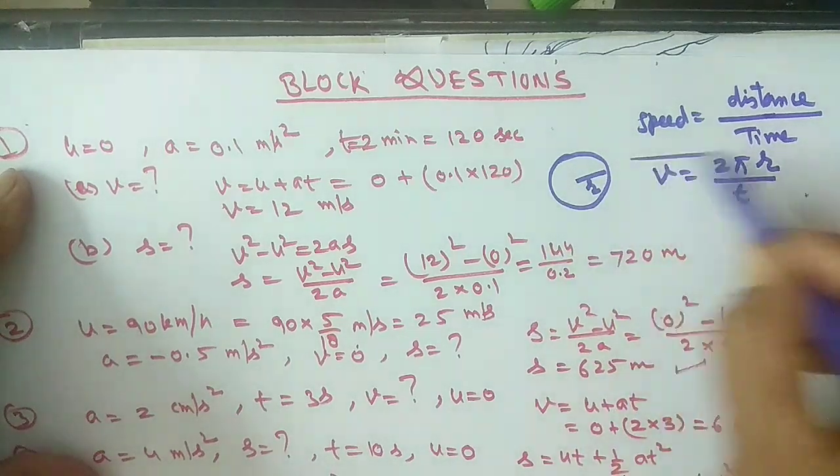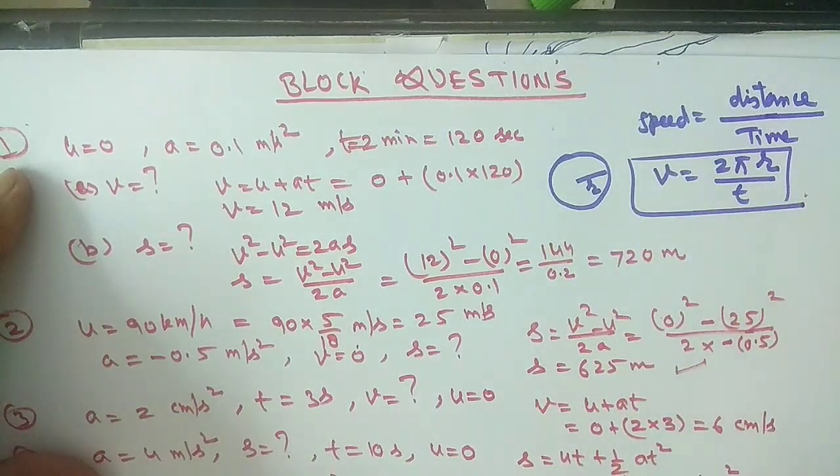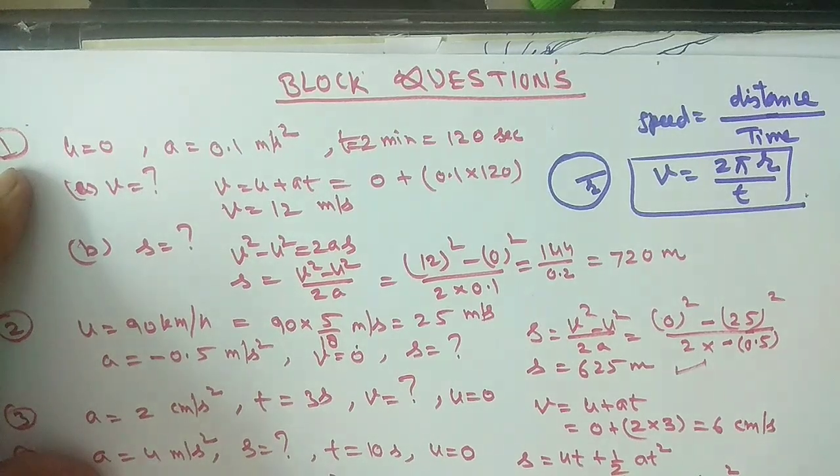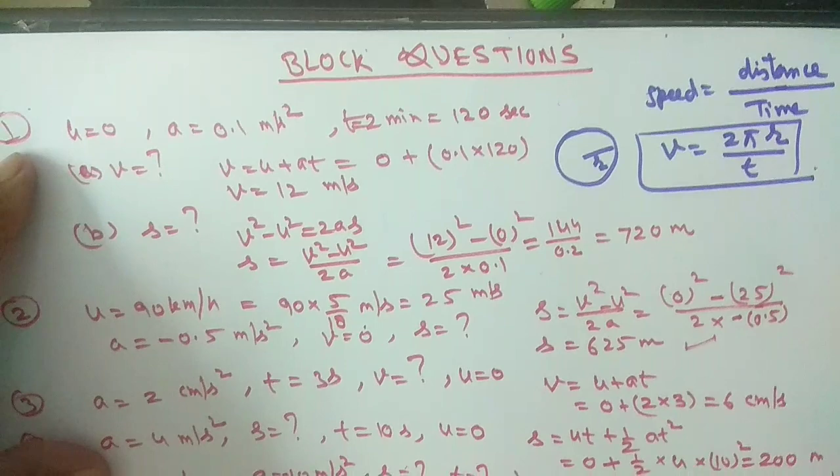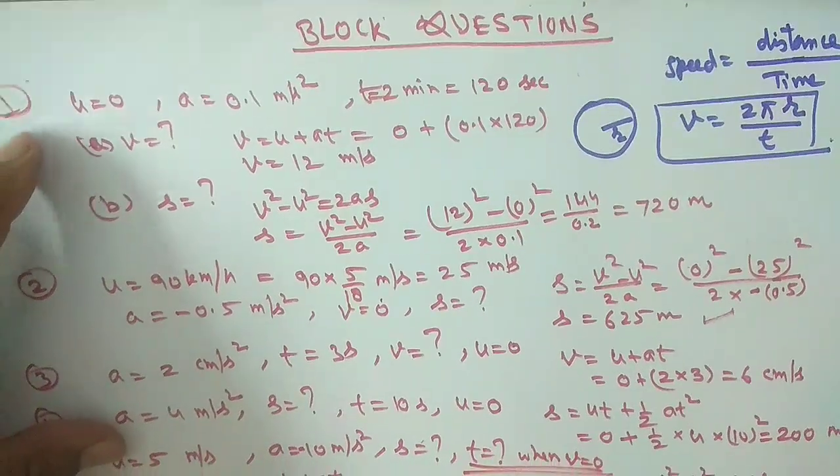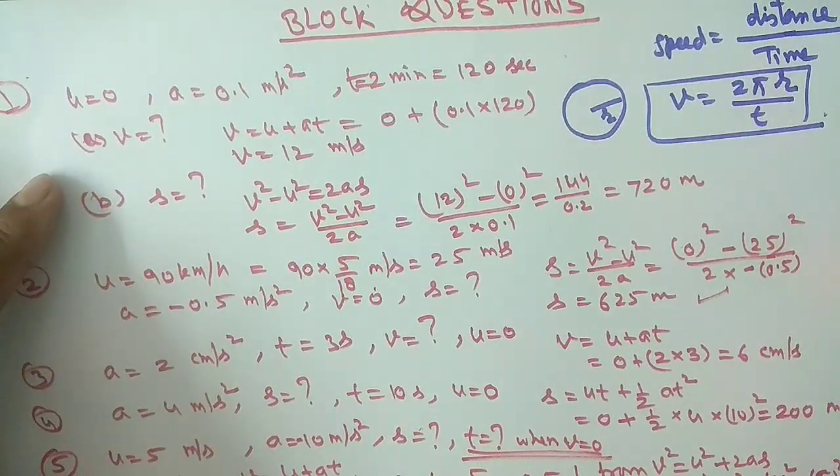So this is the formula of the speed of the body which is moving on a uniform circular path. Okay, so uniform circular motion is a motion of the body with uniform speed on a circular path.